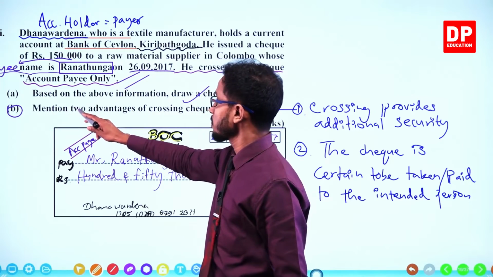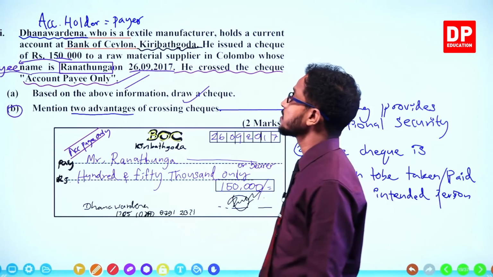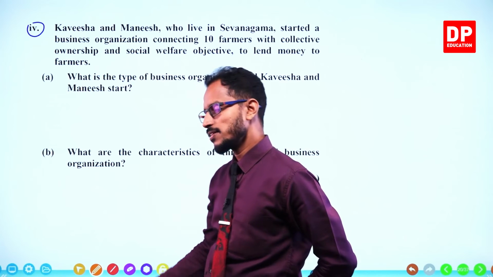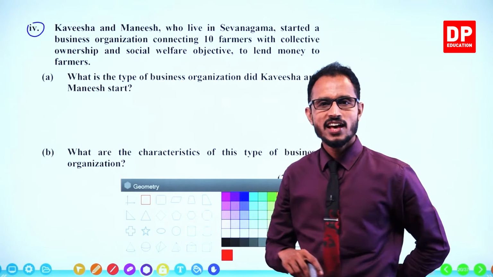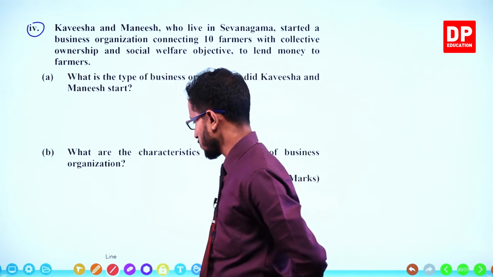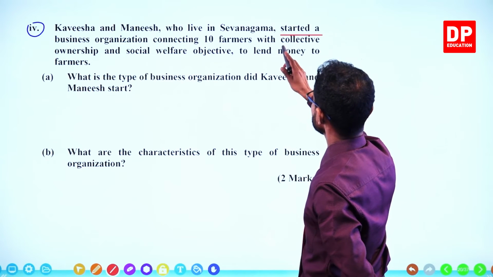Advantages of crossing. Done. Next question, fourth one. Kavisha and Manish, who live in Savanagama, started a business organization connecting 10 farmers with collective ownership. Oh, just when I hear this word, I know what they're talking about.